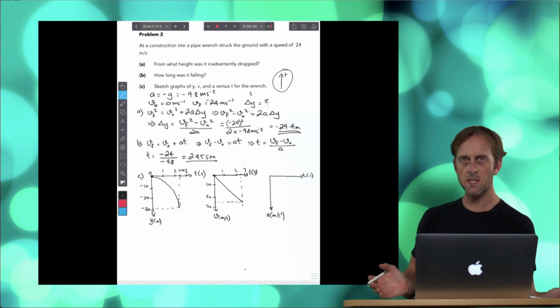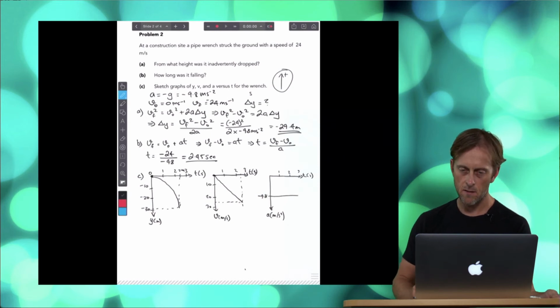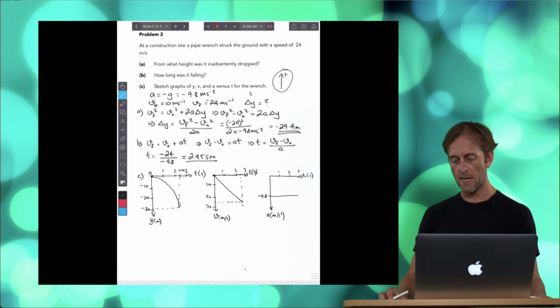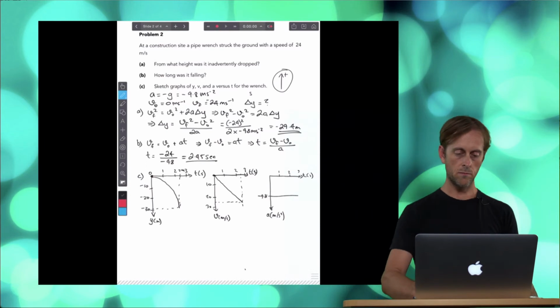And because this is free fall acceleration, it's constant acceleration, it just remains minus 9.81 constantly, and then hits the ground, and still has acceleration of gravity acting on it. So that's that section. Easy peasy. Let's do another problem.